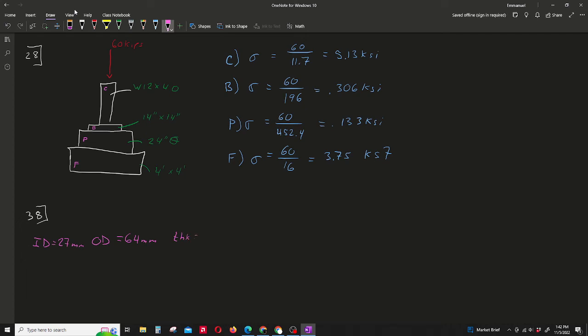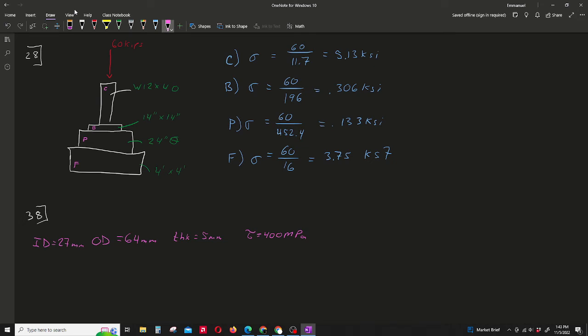So THK 5mm, and they also give us the ultimate shear strength. 400 megapascals. And I think that's all they give us. Yeah, now we just got to calculate the amount of force it would take to punch out a hole this size.